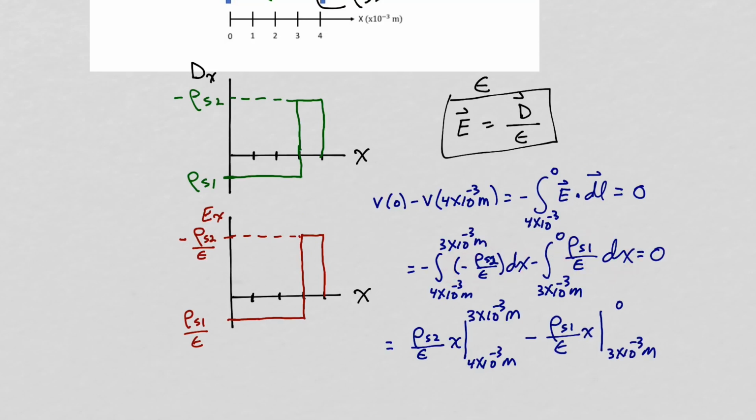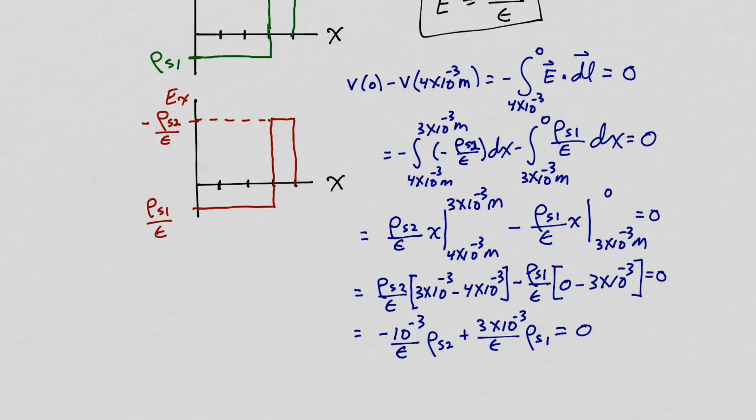So when you integrate, we get that constant times x evaluated at our limits of integration. So carrying out those substitutions, we see that rho sub S2 is equal to 3 times rho sub S1.